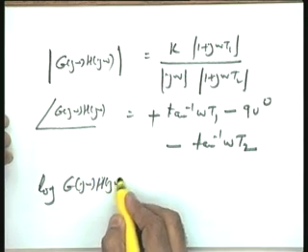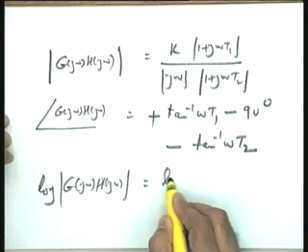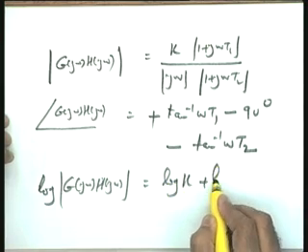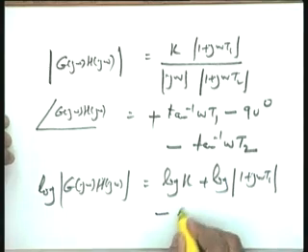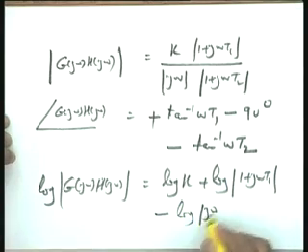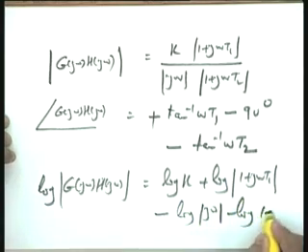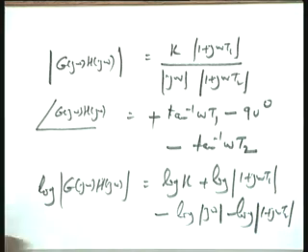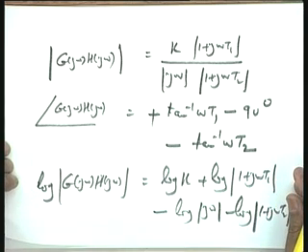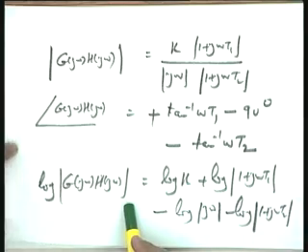Log of magnitude of G(jω)H(jω) is equal to log of K plus log of magnitude of (1 + jωT1) minus log of magnitude of jω minus log of magnitude of (1 + jωT2). Okay. Now, I do not find any justification in using units in control systems for this magnitude. The unit is decibel. I will define the decibel.